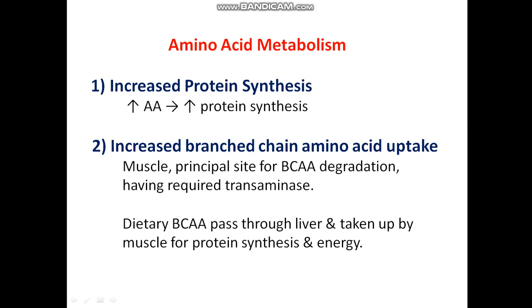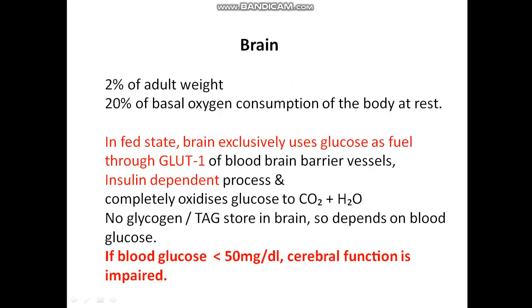The next is increased branched chain amino acid uptake by skeletal muscle, which is the principal site for branched chain amino acid degradation, having the required transaminases. The dietary branched chain amino acids pass through liver and are taken up by muscle for protein synthesis and energy.